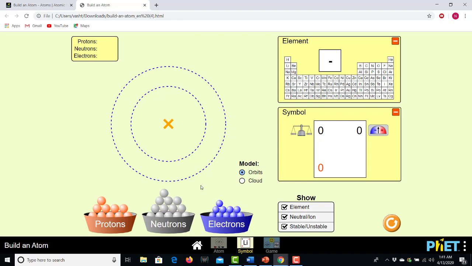Now I'm going to build another form of hydrogen. In order to be hydrogen, it has to have one proton. So there's a protium atom. One proton, one electron. Now I'm going to add a neutron.